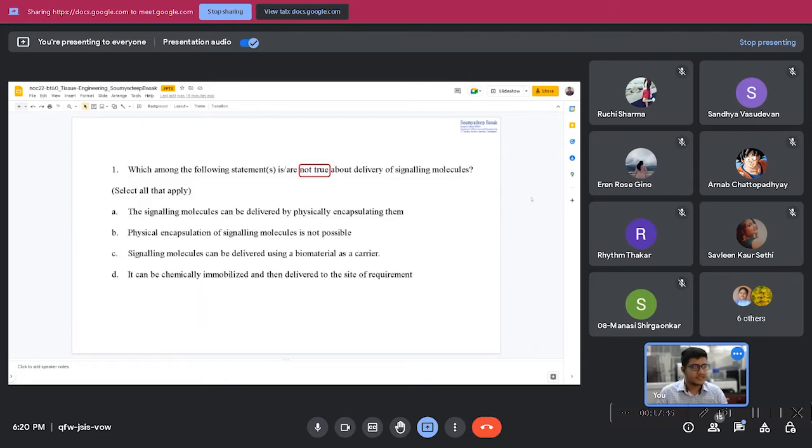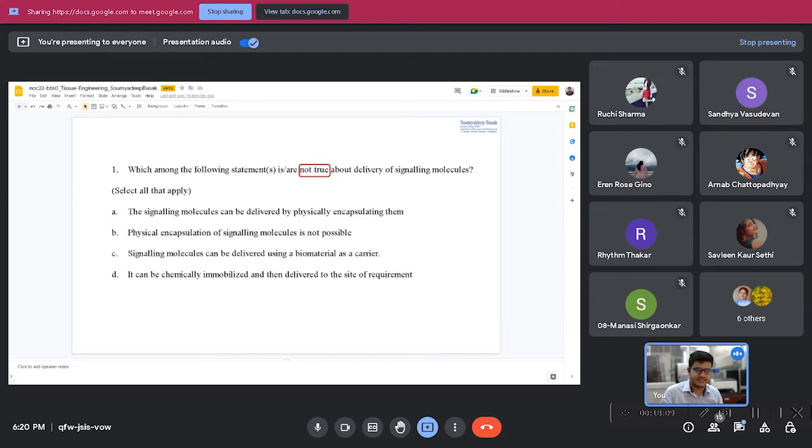Right. The next question goes: which among the following statements is or are not true about the delivery of signaling molecules? Options: A, the signaling molecules can be delivered by physically encapsulating them.